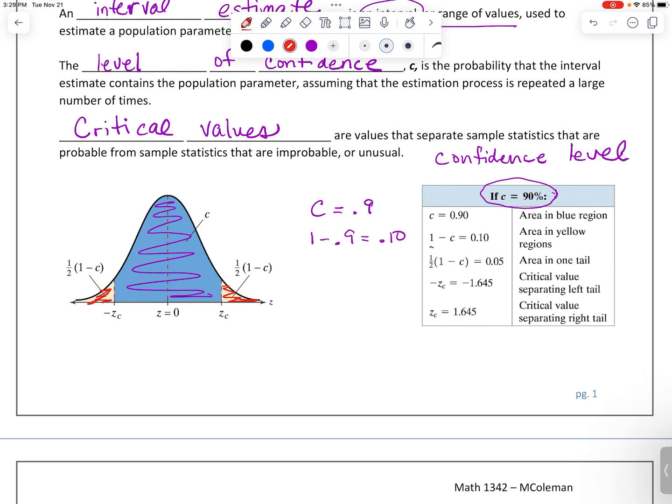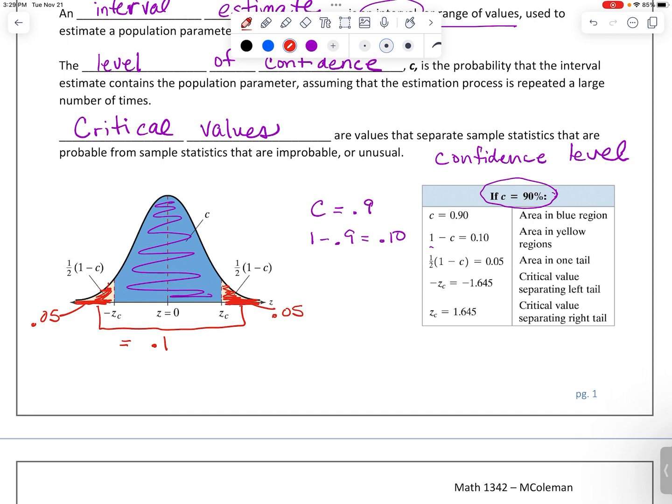Okay. Since this combined equals, in this case, 0.1, then that means each one of these little tails individually is equal to 0.05 and 0.05. So collectively it equals 0.1, but individually each tail equals 0.05.